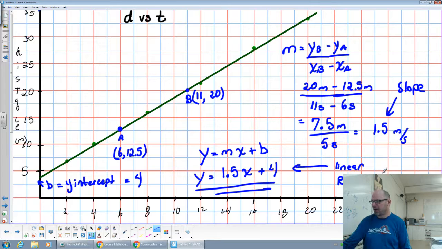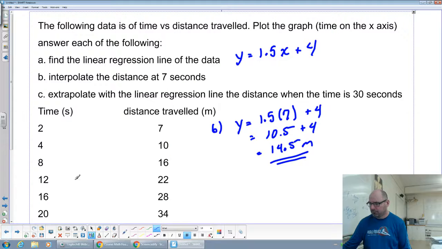We're going to extrapolate way past here at 30 seconds. So that one we have to use the equation. We'll do it over here because we can't use the graph, and the time is 30 seconds. Okay, so we want the distance, which is still y.